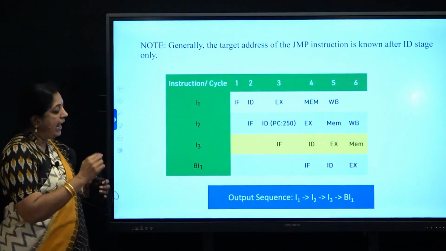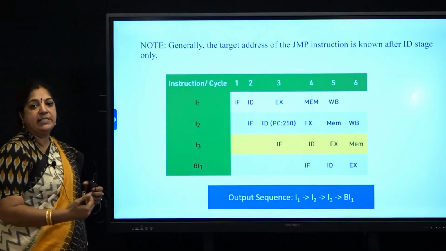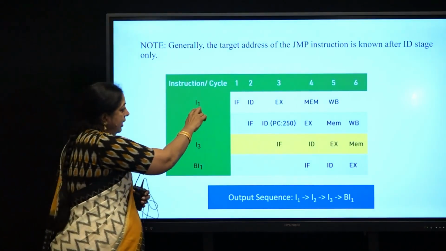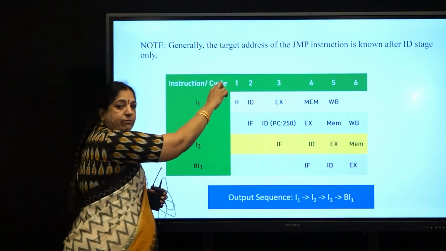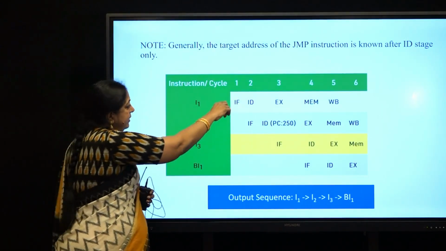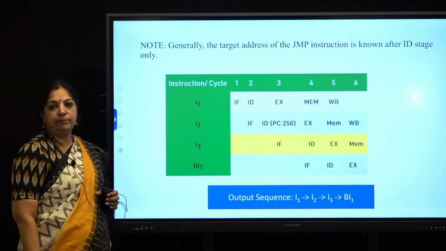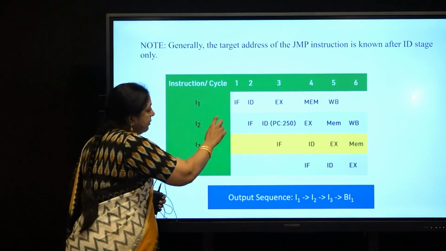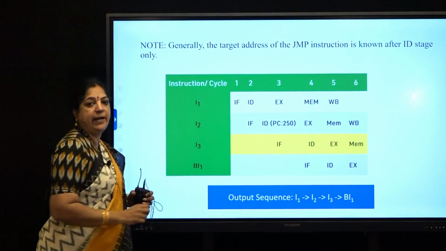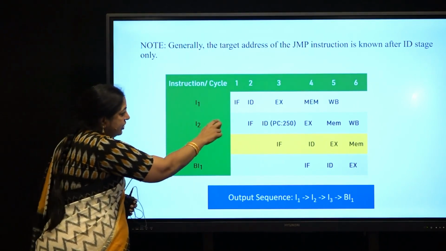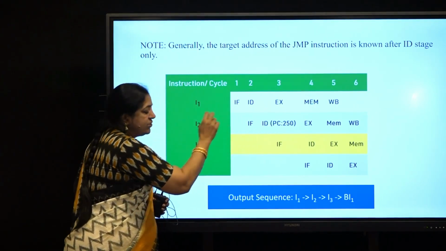But in our general pipelining system, in the first clock pulse of instruction 1, the fetch is over. In the second clock pulse, instruction 1 decoding is over and instruction 2 fetch is over.